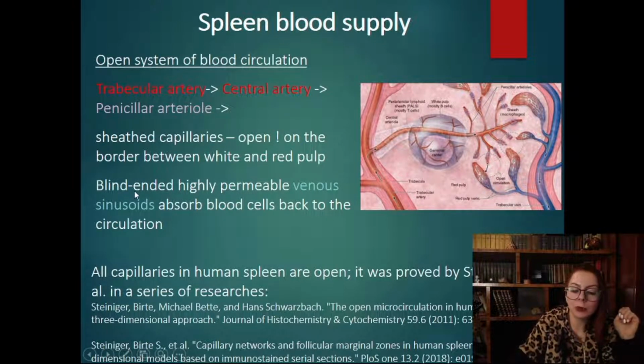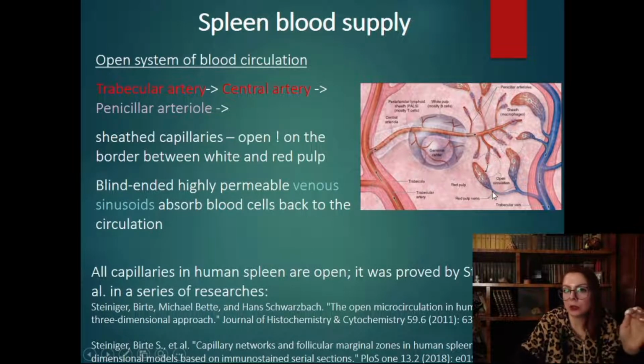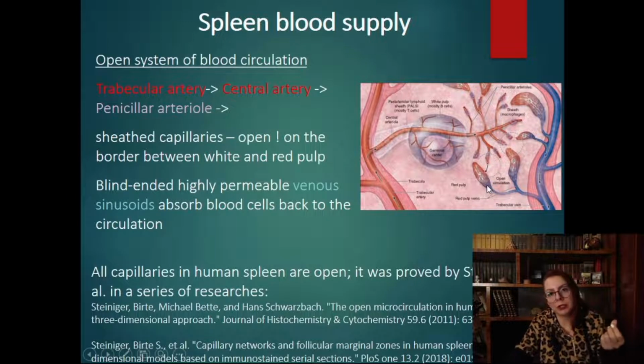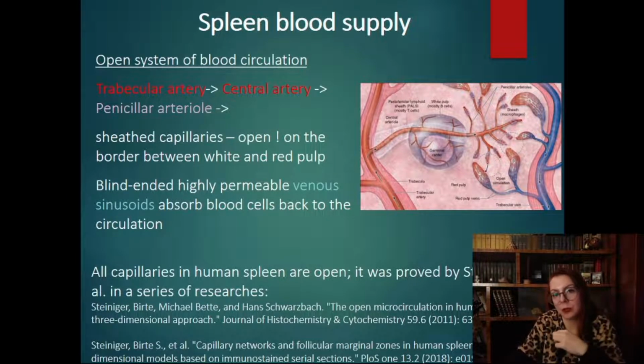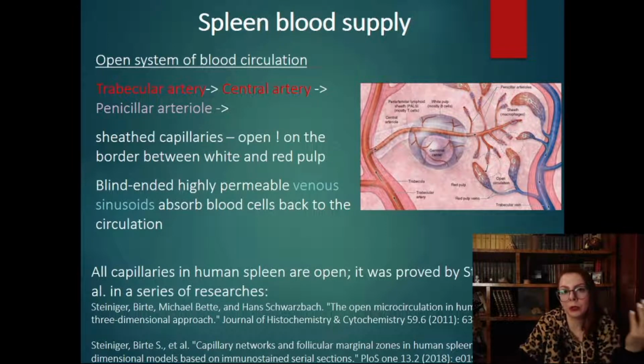So in the spleen we have blind-ended, highly permeable venous sinusoids, which control the quality of blood cells and allow only those blood cells to come back which are of proper quality. Okay, so in the human spleen we have a completely open system, so all capillaries are opened, and that was confirmed by a set of articles and three-dimensional reconstructions.